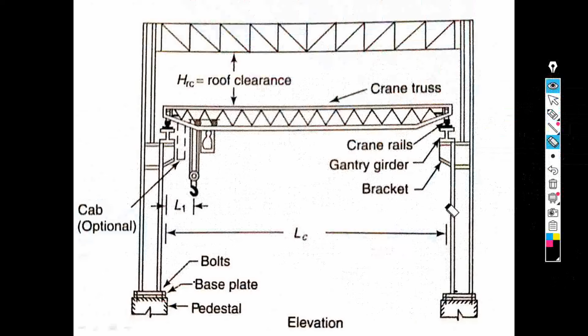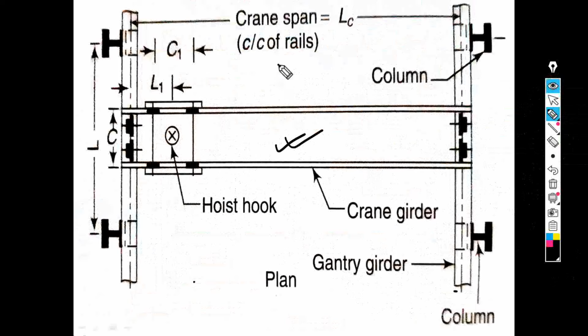Now we will go into the top view. This is the top view. This is the crane. The crane will move in this manner. The trolley will move in this manner. The trolley has the hook.